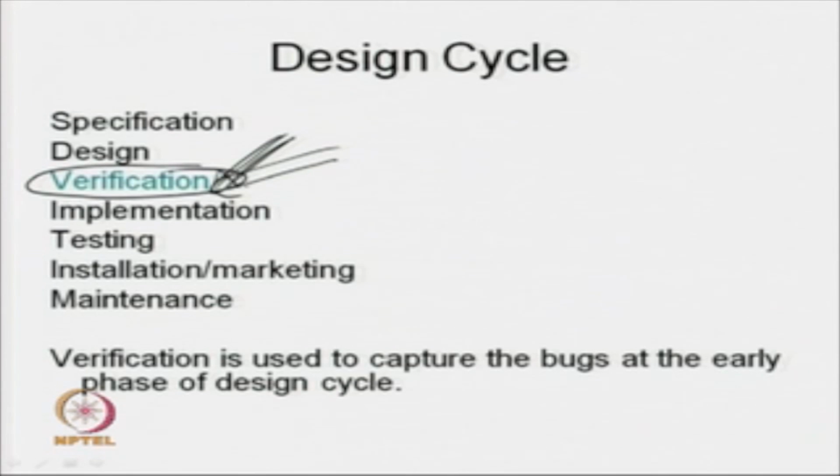We can say this is property verification, or functional verification: we are going to verify the functional property of our device. Once we are satisfied that our design meets our requirement, we go for implementation, and after implementation we go for testing. So, when we come to the testing point, it is left with manufacturing defects only. We are trying to capture most of the design issues or design bugs in this verification phase.